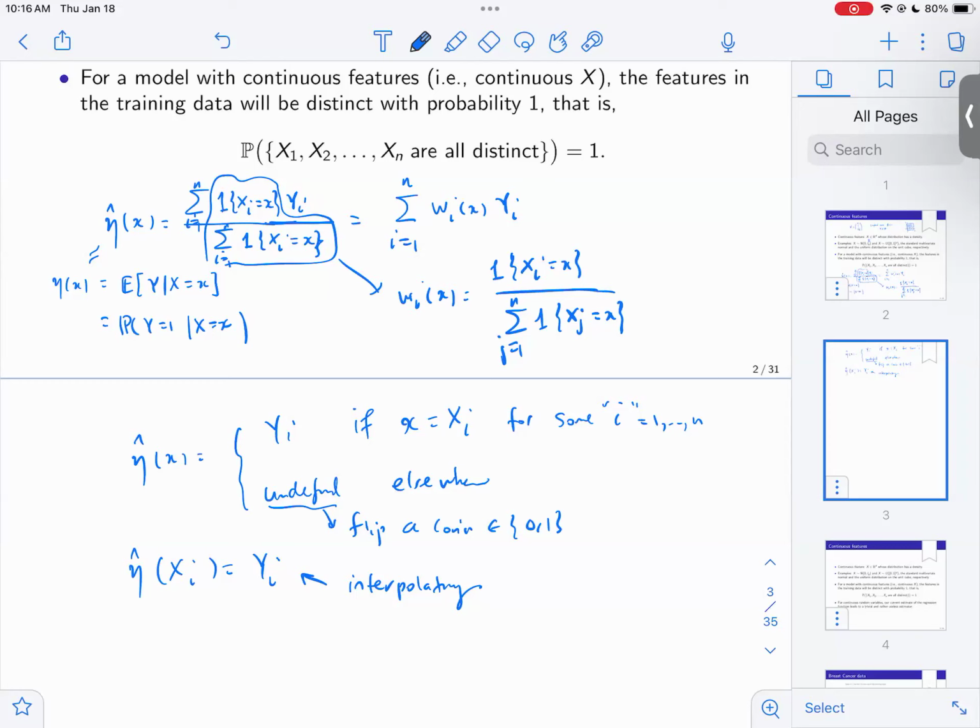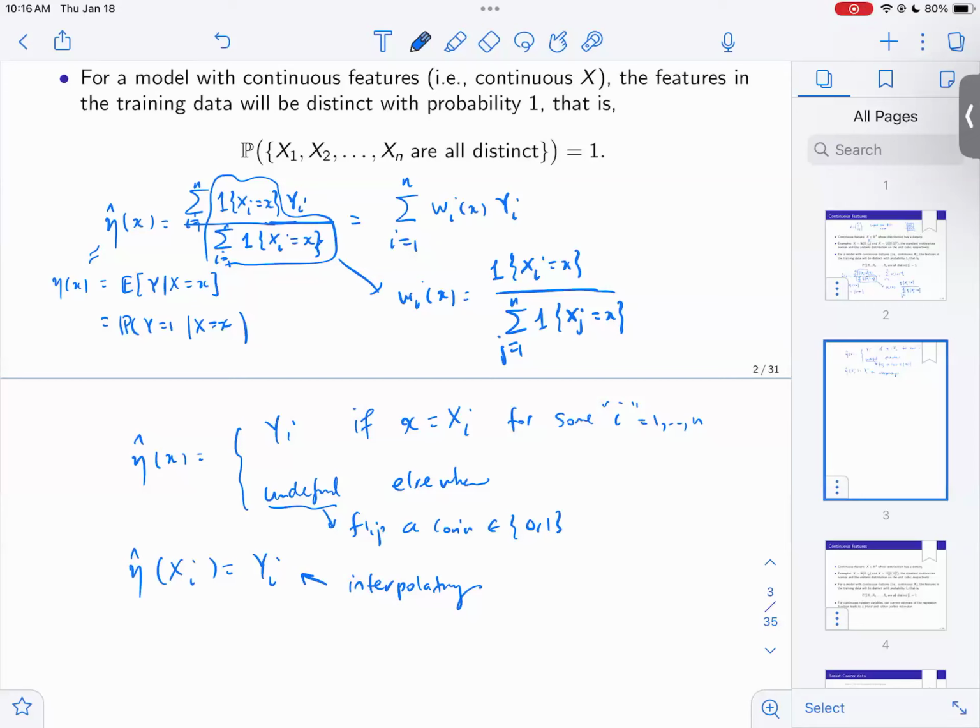So you're going to have an issue. Although it interpolates, it's an example of an interpolation that is not very useful. It reproduces the training data, but does something completely unspecified or just random on new test data.